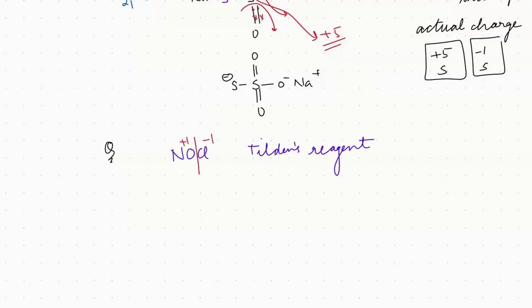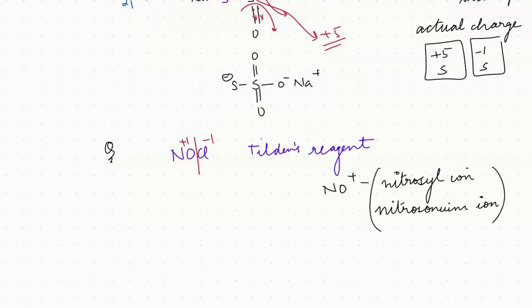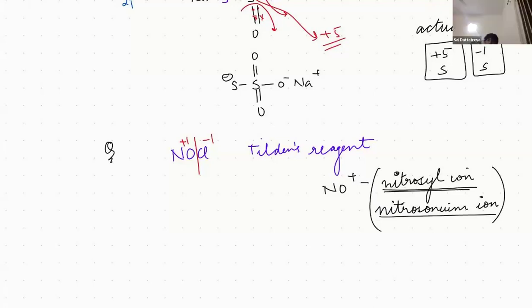And NO plus is basically the nitrosyl ion, or I would say the nitrosonium ion. Do you understand? So when it is nitrosyl ion or nitrosonium ion, that is the concept. Yes or no? And here you have to calculate the charge on nitrogen.